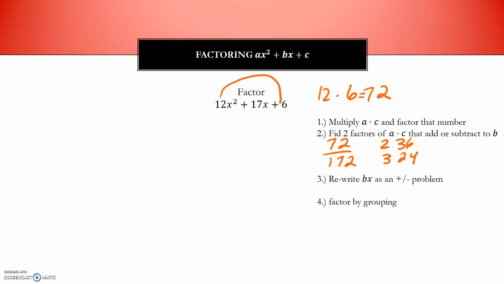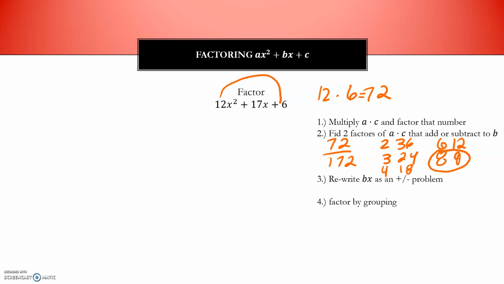Again, we're looking for something that is going to get us to 17. 4 and 18, close but not quite, not 5, 6 and 9, and then not 6 and 12, not 7, 8 and 9, and that's the pair, the last one.